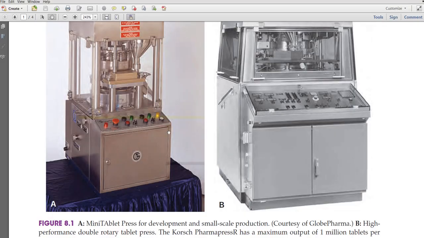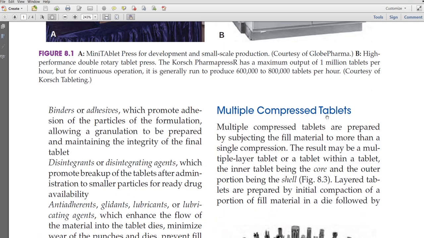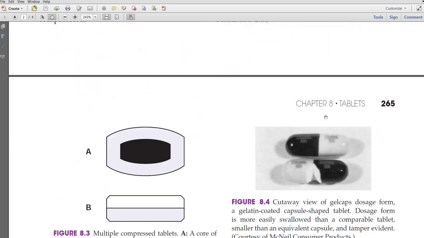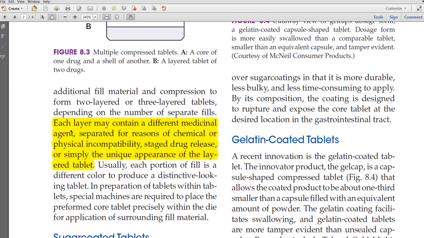Tablet types, multiple compressed tablets, and here is the reason. Each layer may contain different medicinal agents separated for reason of chemical or physical incompatibility, staged drug release, or simply the unique appearance of layer tablets.